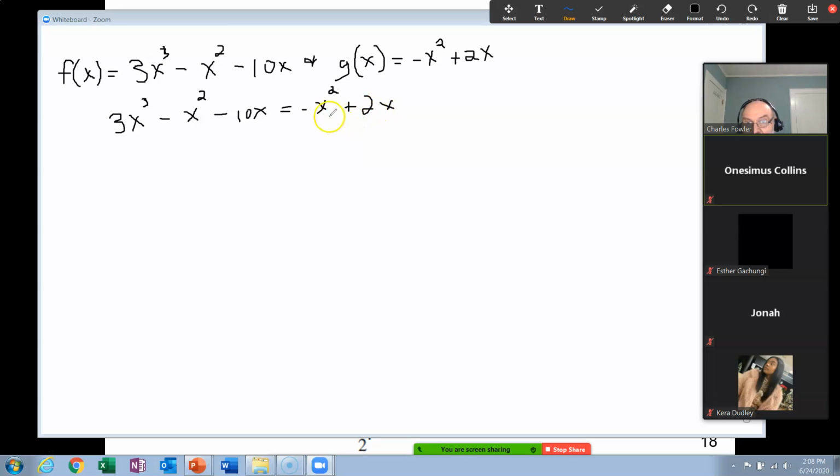I'm going to add x squared to both sides, and guess what? Bing, bing, they both go out. I'm going to subtract 2x from both sides, and that's going to give me a minus 12x. So I get 3x cubed minus 12x. When you subtracted everything from this side, that left you a 0.